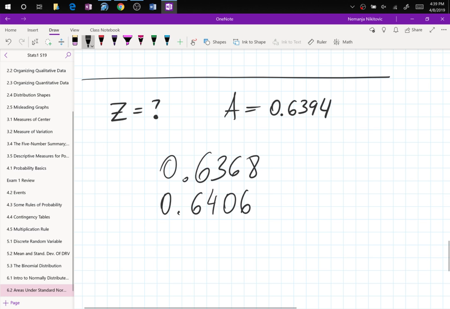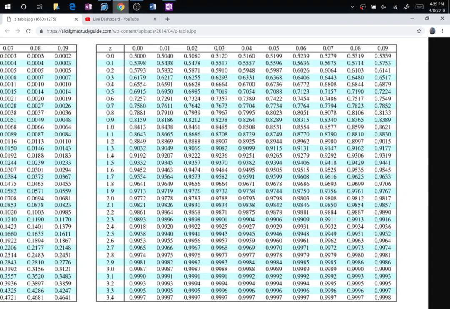Is 94 closer to 68 or 06? It's closer to 06. So we will use that one. And this one gives us what z-score when you read on the sides? Yep, 0.36.